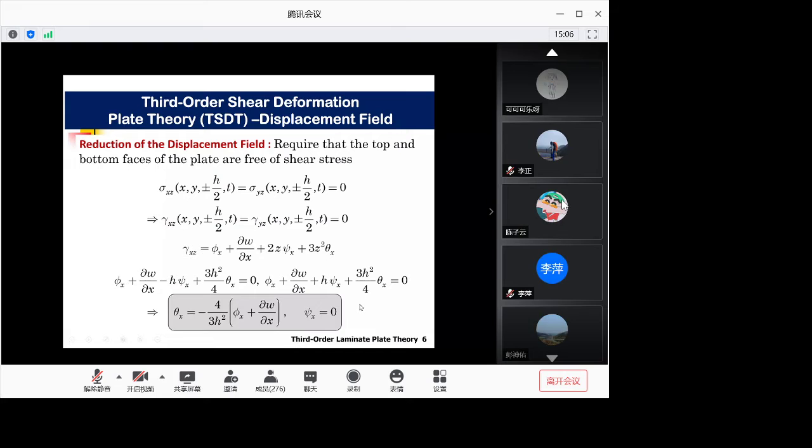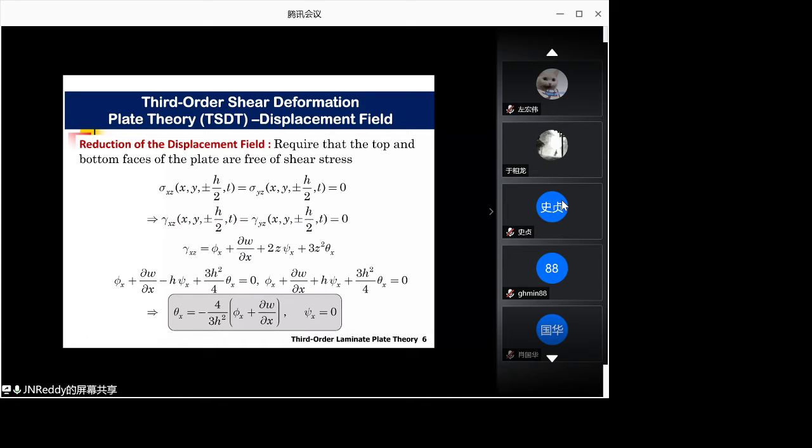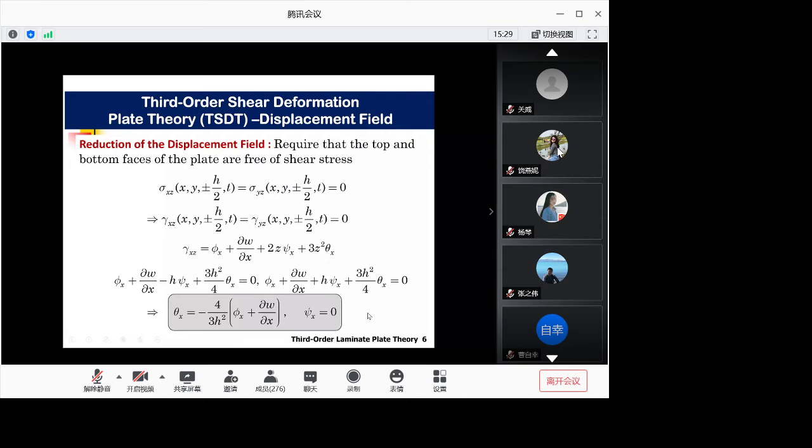Out of 9 parameters, 4 of them are related to the remaining 5. So that means we will have only u, v, w, phi x, and phi y, just like in the first order shear deformation theory. However, this has the cubic variation. So the number of unknowns are still the same 5 as in the first order theory.